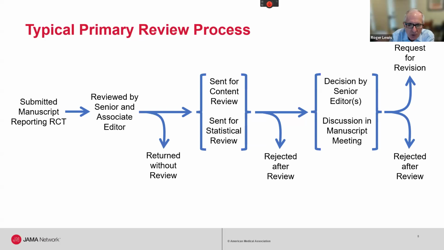These are people who take a quick look at it and generally assess whether it has a meaningful chance of being published if the peer reviews were positive. So there's two areas here. One is fit for the journal, and the other is overall quality. So fit for the journal is a huge issue.